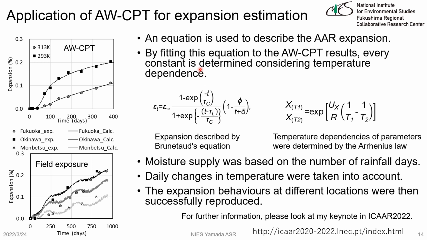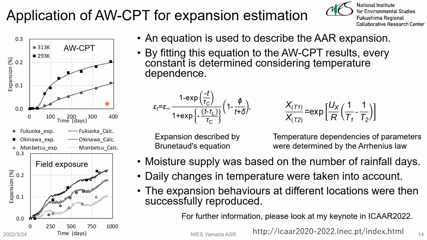By fitting this equation to the results of AW-CPT, like this, the dots being the expansion test results at two different temperatures, every constant parameter used in this equation is determined. The temperature dependency was considered by Arrhenius law.